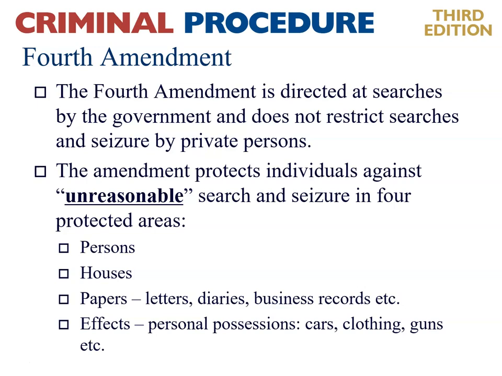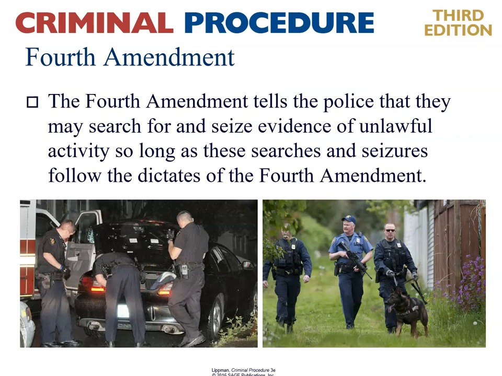Papers, this would include things like letters or diaries or business records or bank statements. And then effects, that would include things like personal possessions like automobiles or clothing or firearms or even computers. So again, the amendment protects individuals against unreasonable search and seizure in these 4 different areas.